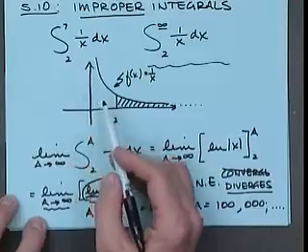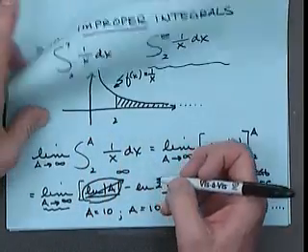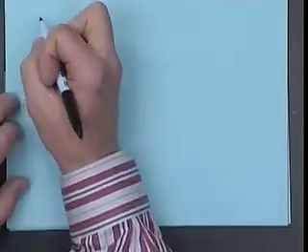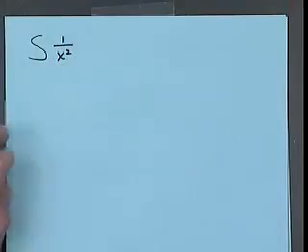Okay, I'm going to slightly change the function. It does change the visual appearance, but not drastically. We're going to change the function now to, instead of 1 over x, 1 over x squared.